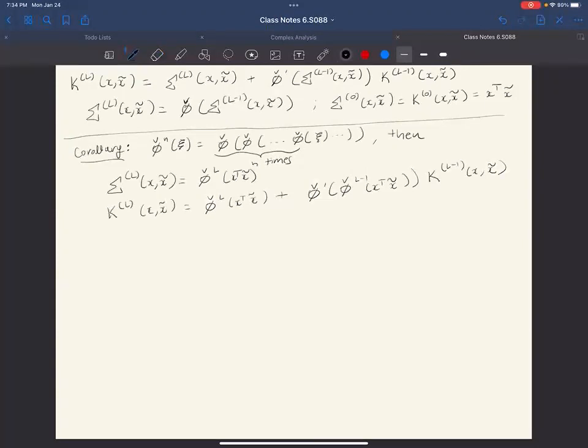Great. So wherever we saw the NNGP, we just replaced it with its function iteration form.